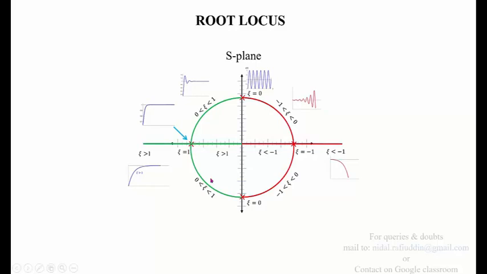We also saw that for different values of zeta, the output waveform of the system varies accordingly. So it's shown here.